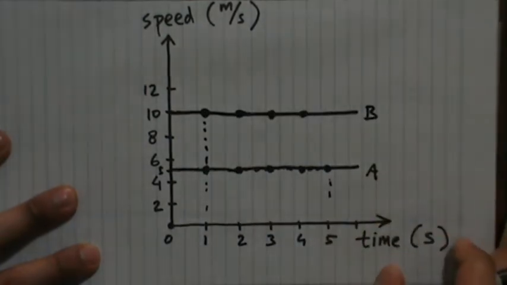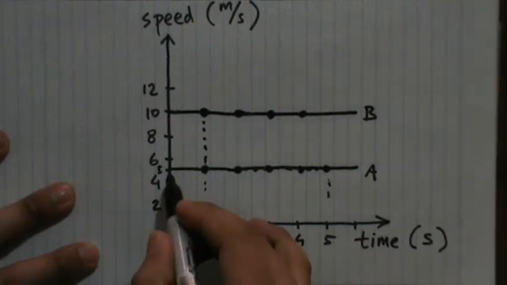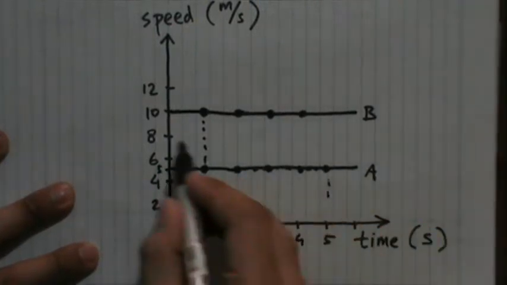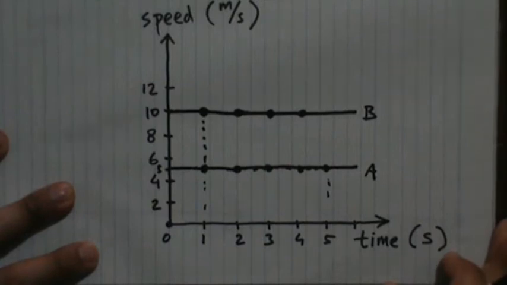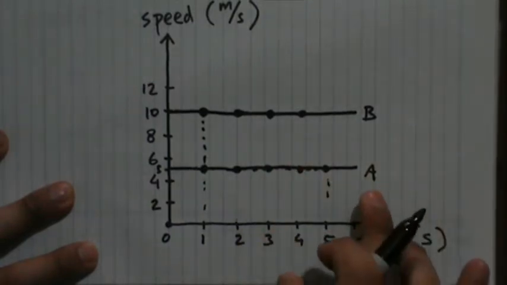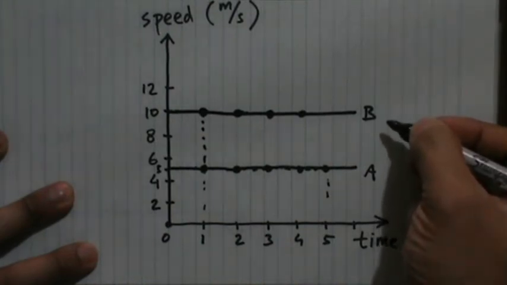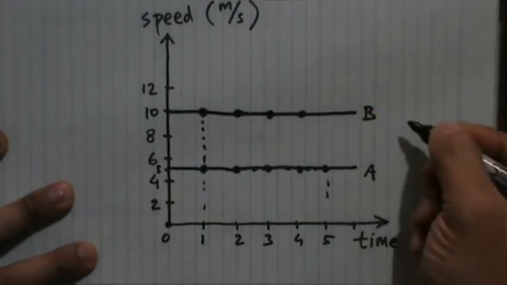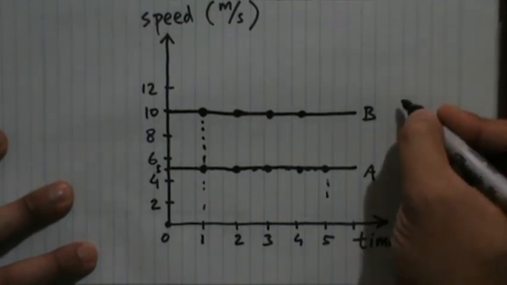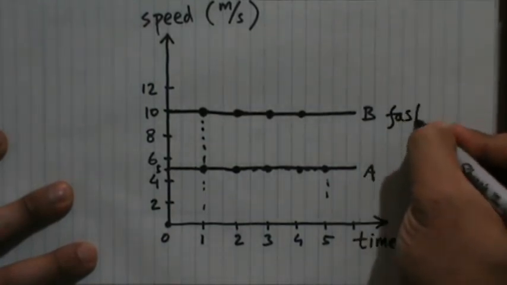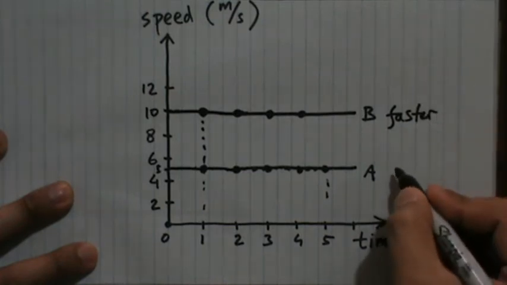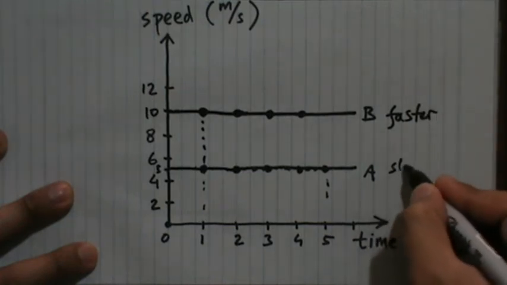So keep in mind that if you have a constant velocity motion, the speed versus time graph will be a horizontal line. But from here you can see that the value of the speed of B is larger than A, so we can say that car B is faster, but car A is slower.